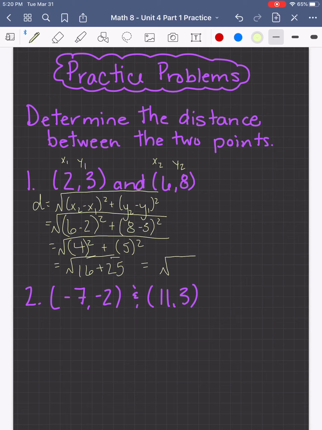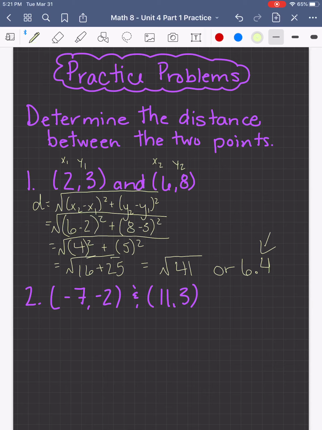So this gives us the square root of 41, or if you wanted to go a step further, we can say that it's about 6.4 units. But you don't have to do this piece right there.